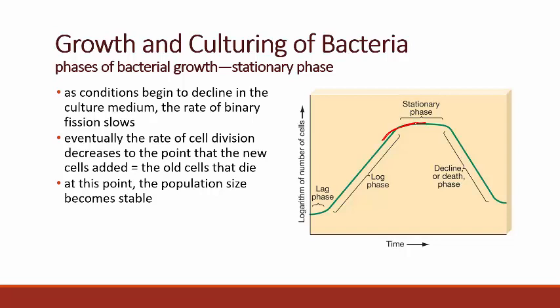Eventually the colony reaches the point where the new cells that are added are offset by the number of cells that are dying at any time. And so at this point, the size of the population becomes stable, and we enter what is known as the stationary phase, stationary because the size of the colony isn't moving anywhere at all.